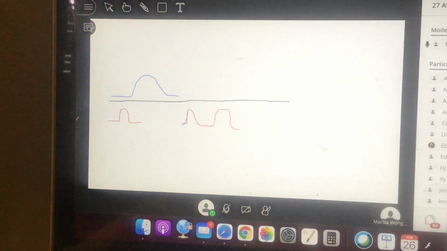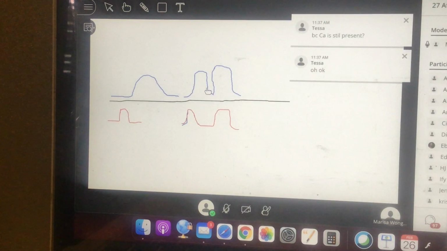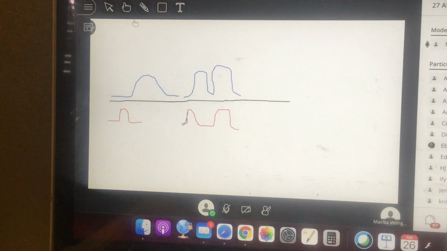So what you would see is here's our initial contraction. And then if you do it immediately again, you might have just a little bit of a bigger contraction. It's just a little bit stronger because there's a little bit more calcium present in the sarcoplasm now. And technically, what I've just drawn is twitch summation, treppe. When you send an action potential immediately after, the summation is if you start sending the action potentials even closer together.